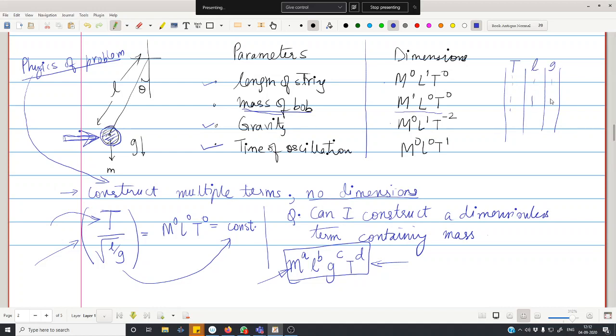So if I plot T as a function of square root of L upon g, what will I get? What kind of curve should I get? It will be a constant curve, and the value of the constant will be 2 pi.